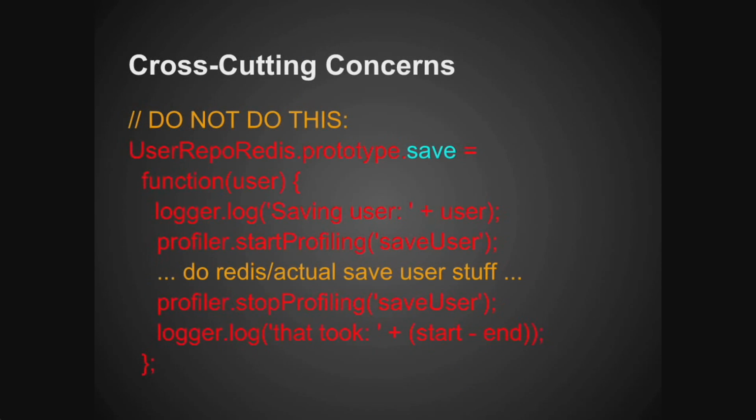What I mean by that specifically is you'll end up with code something like this in your save method that's implementing the save interface method. You put all this extra junk in here that not all users of this class might need. Here we've got logging, we have profiling, and then in the middle of all that, we're actually going to reach out to Redis to save the user.